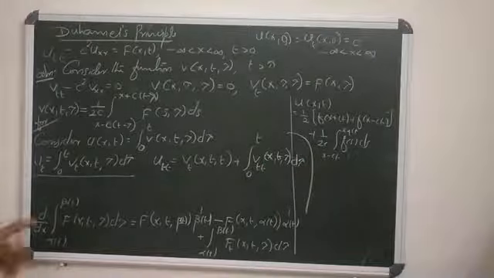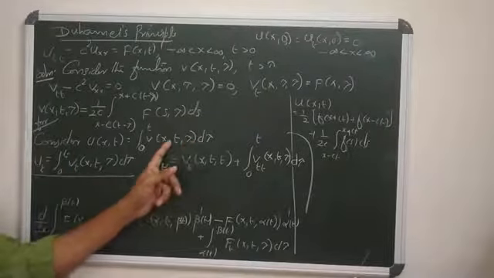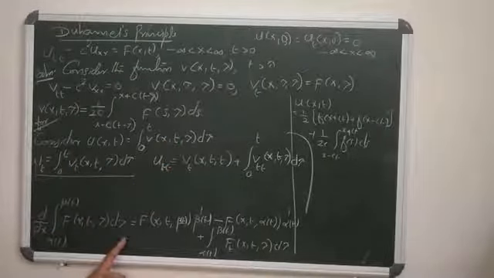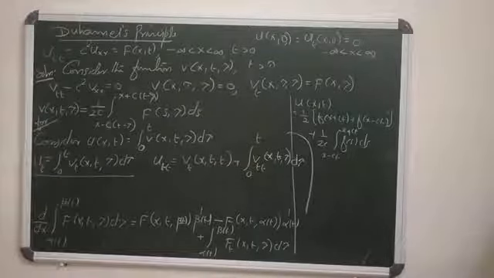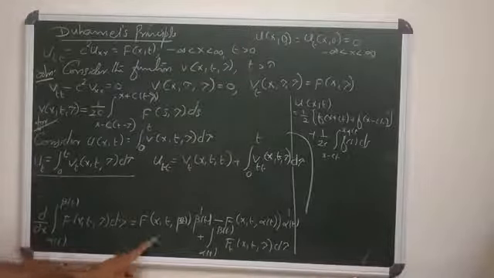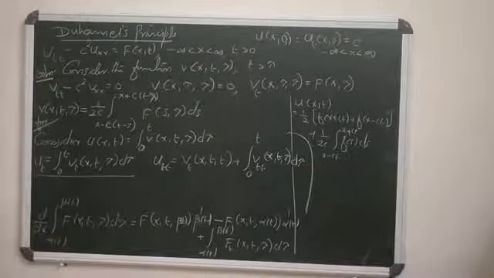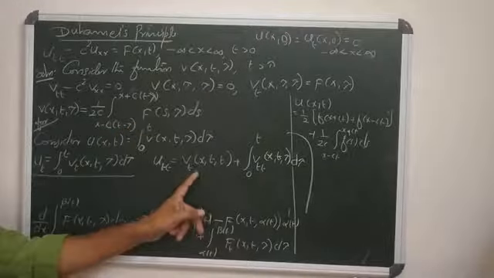Clear? Again, ut equals integral 0 to t vt x t lambda d lambda. Again you can differentiate this ut with respect to t by using this argument, then you have vt x tt. We know only vx tt equals 0, not vt x tt equals 0.